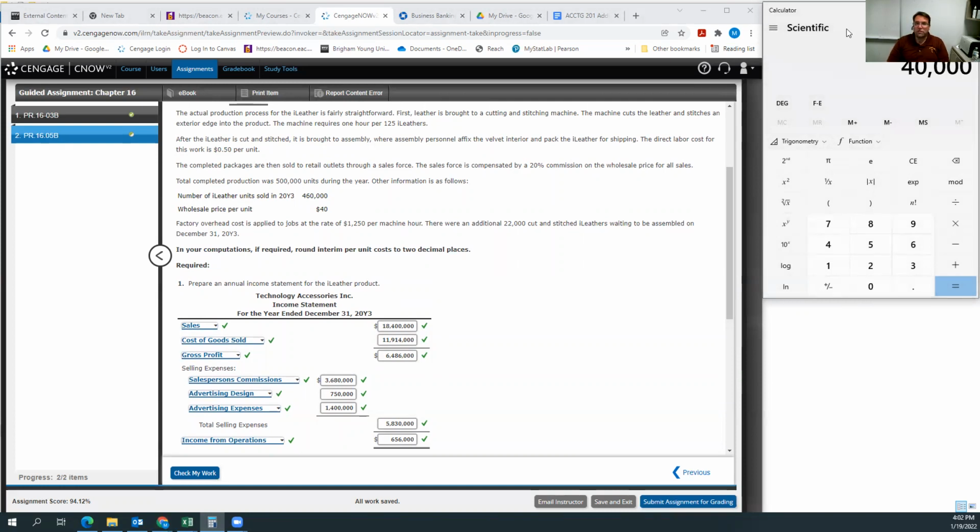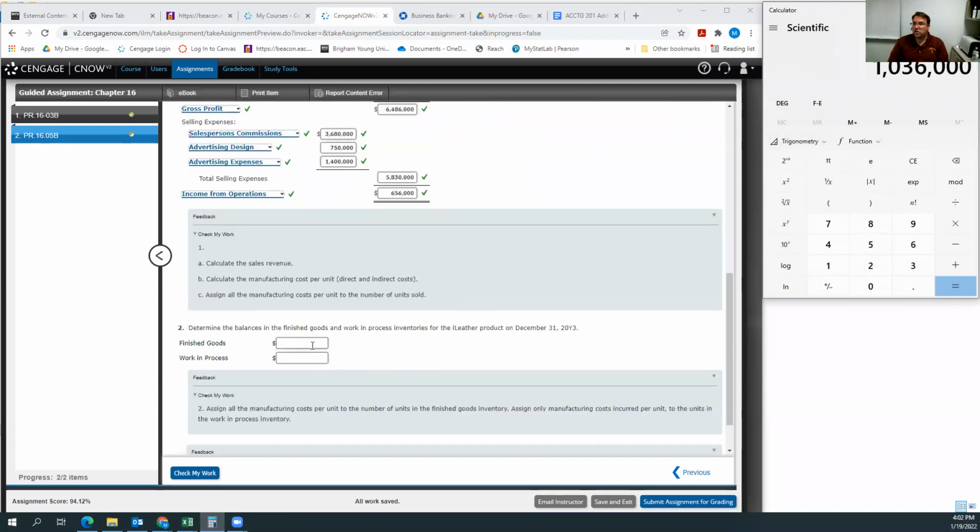That's stuff we've completely finished creating, but it hasn't been sold yet. So I'm going to multiply that by our cost per unit, which is $25.90. And that gives me the value of my finished goods inventory, 1,036,000.